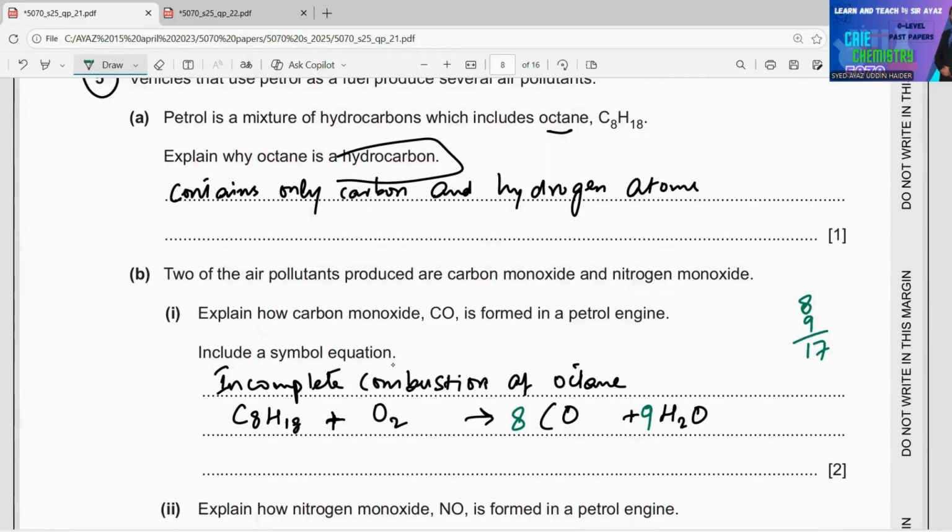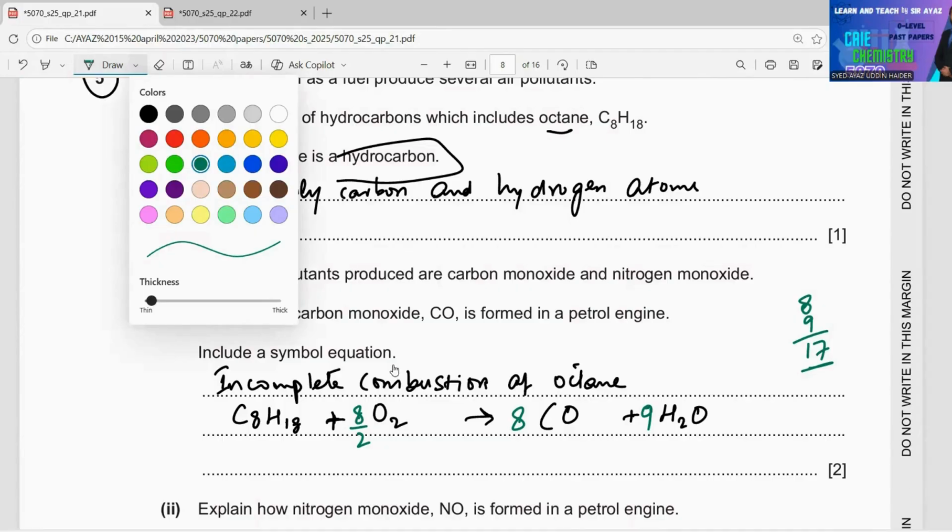You can't balance O2 on the reactant side if you have 17 as the total number of oxygen atoms. So what we can do, we can use a fraction for this. You can write 17 by 2. This will be one way of balancing this equation.